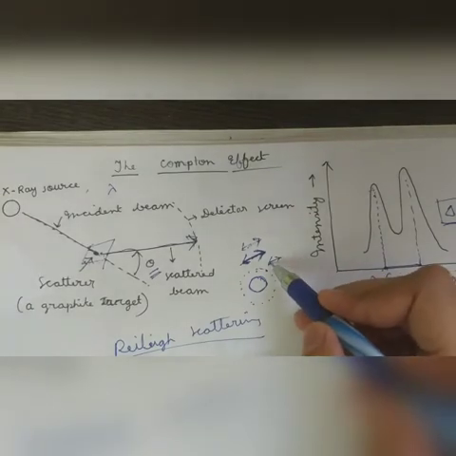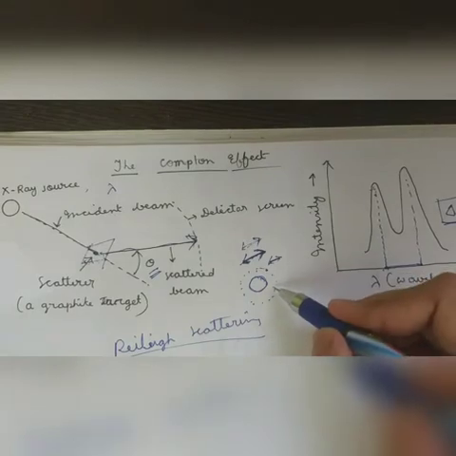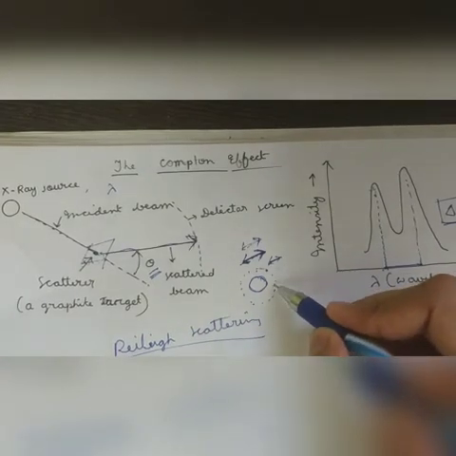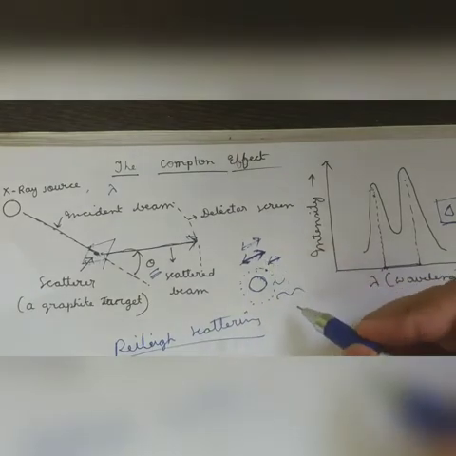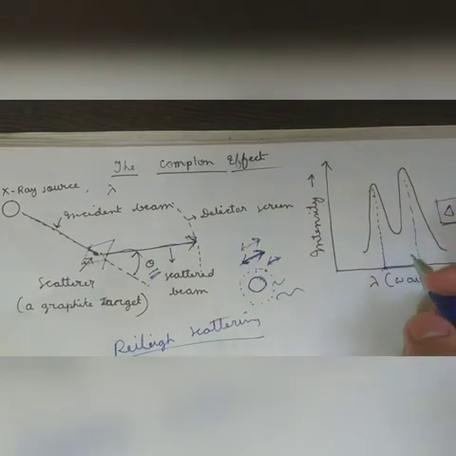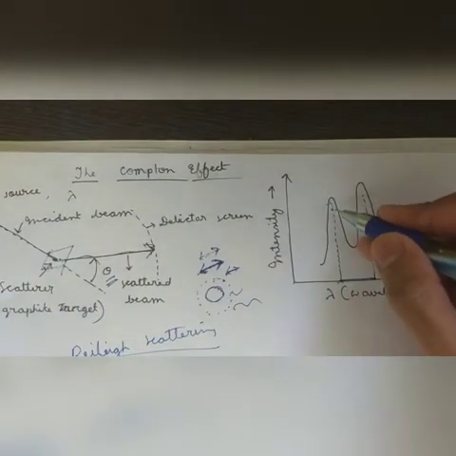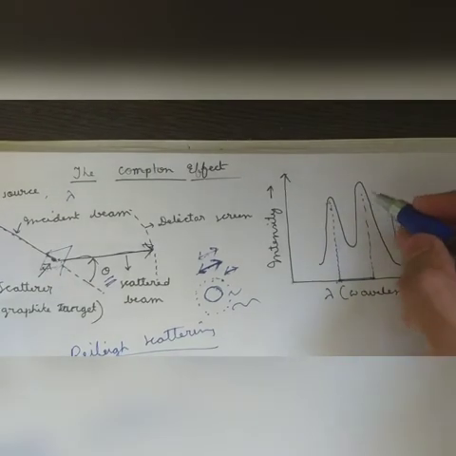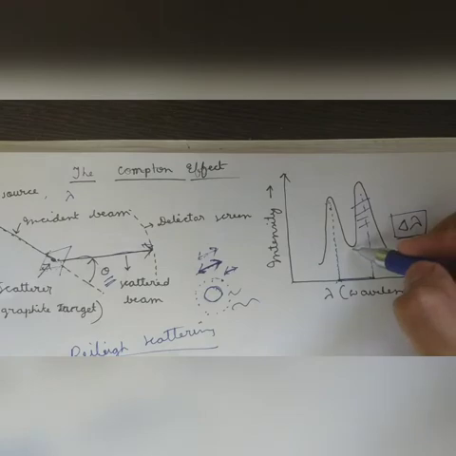This frequency is the same as the frequency of the incident light. So the finally emitted electromagnetic wave from the oscillating electrons has the same frequency as the original wave. So we should get only the peak at the original wavelength or the original frequency only. So we shouldn't have got this other peak according to the classical theory of Rayleigh.